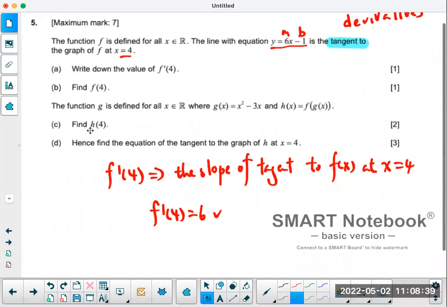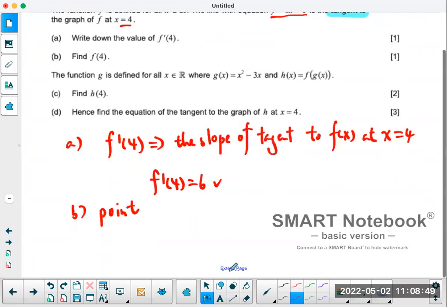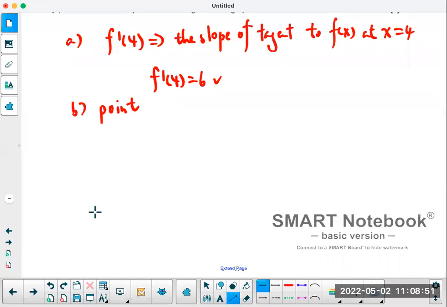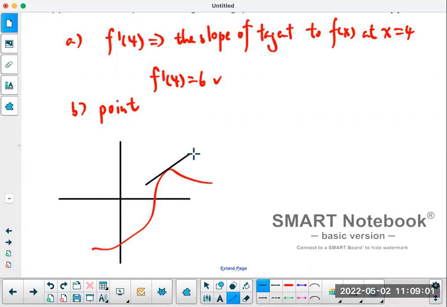Okay. Part B. What's f at 4? Well, that's the point. The point on the graph is going to be the same point as on the tangent line. So let's say I have a graph here, right? And this is the tangent line.